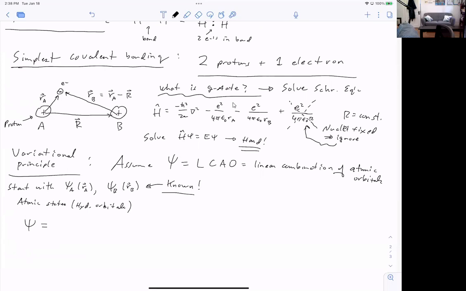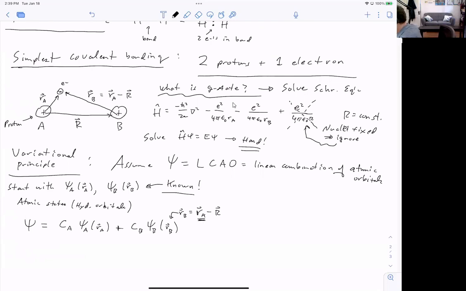We're going to assume that psi is a linear combination where I have some constant Ca times psi A of Ra plus Cb, a constant, times psi B, which is a function of Rb. But remember that there's only one variable really, since Rb is equal to Ra minus big R. So the only variable really is Ra, okay? And that's the location of the electron, in case you're forgetting.